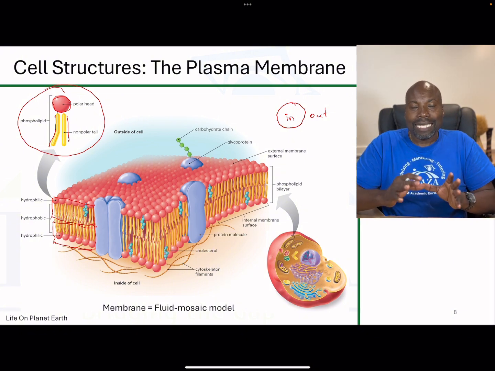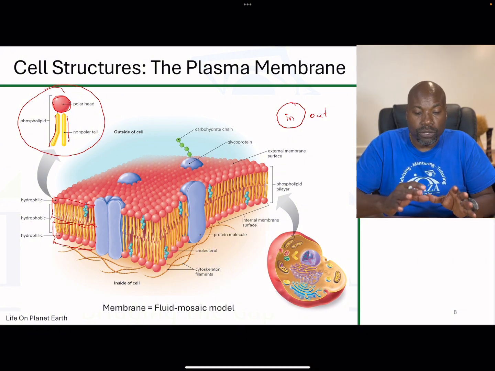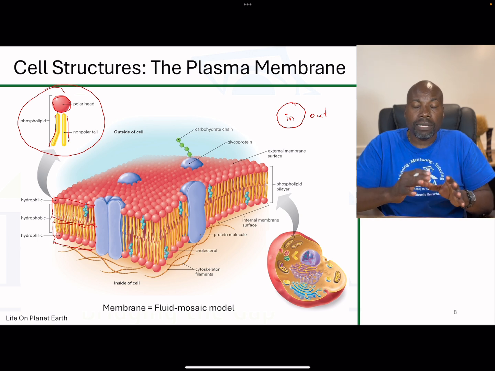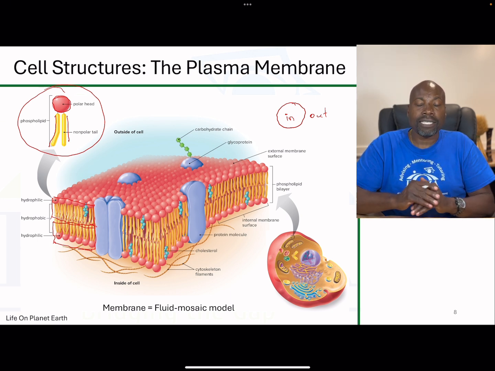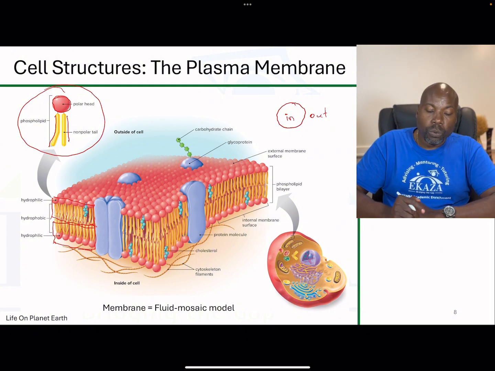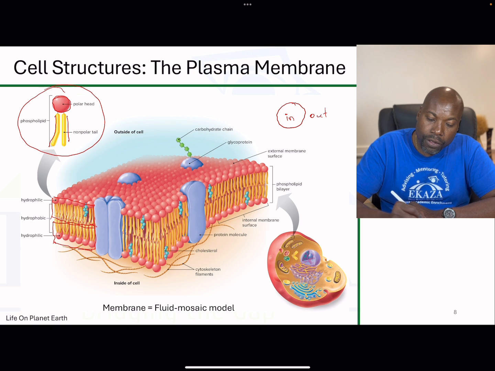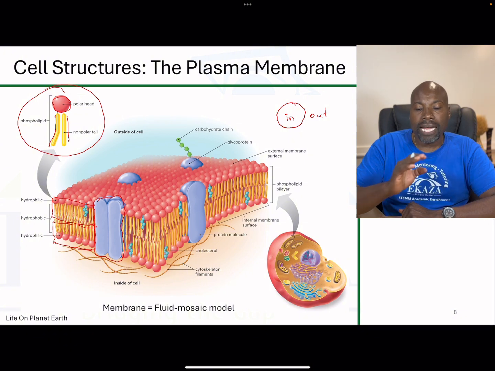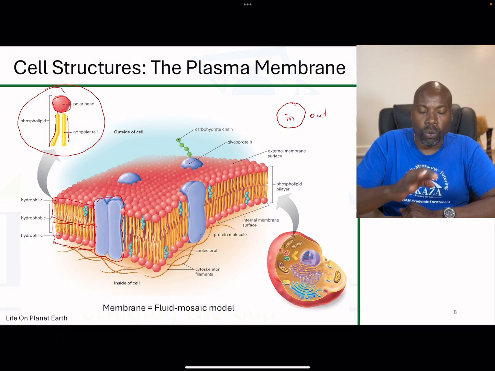So that's exactly what the plasma membrane does, right? The phospholipid bilayer sets the limit between the inside and the outside of a cell. That's one. Two, we are going to have the proteins that are embedded. These proteins that are embedded play multiple roles. We are going to address these roles at a later time.